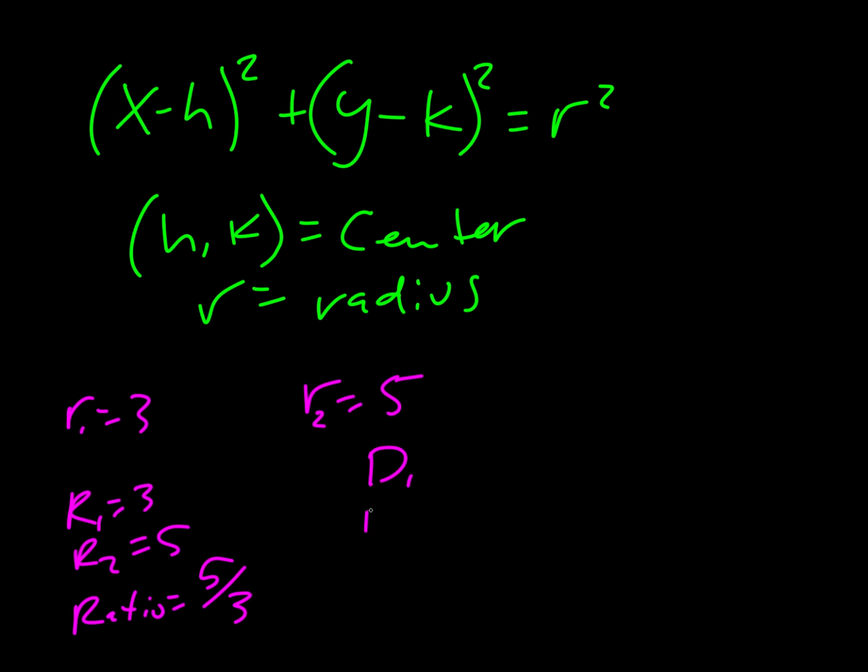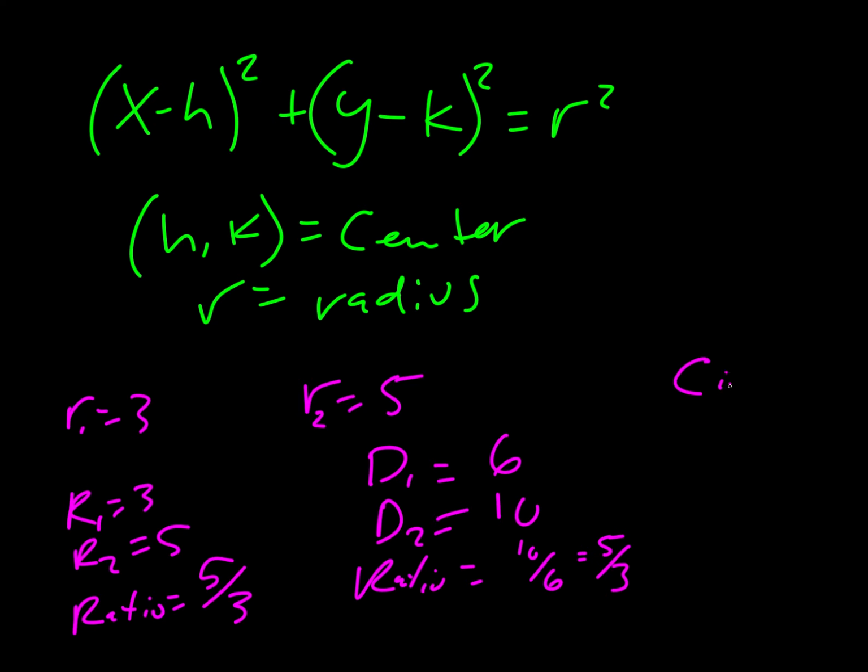And if we do diameter 1, diameter 2, we're just going to double that, so 6 and 10, and then if we do the ratio of those, we get 10 over 6 or 5 over 3.